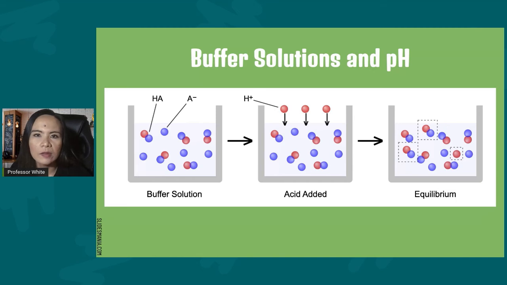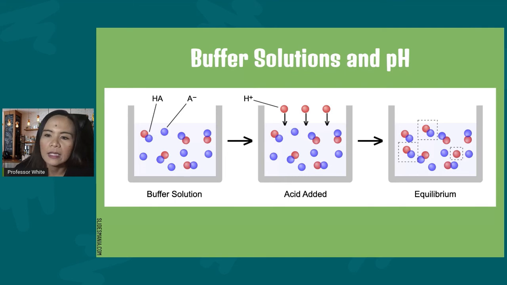Now, how will this buffer respond? The net result is shown on your right-hand side. Notice that most of the added acid has reacted with the conjugate base A minus, which is the purple one, to form more weak acid.